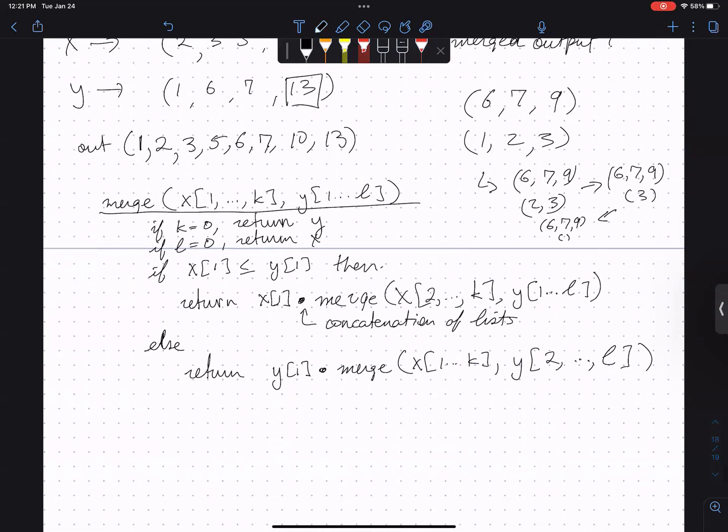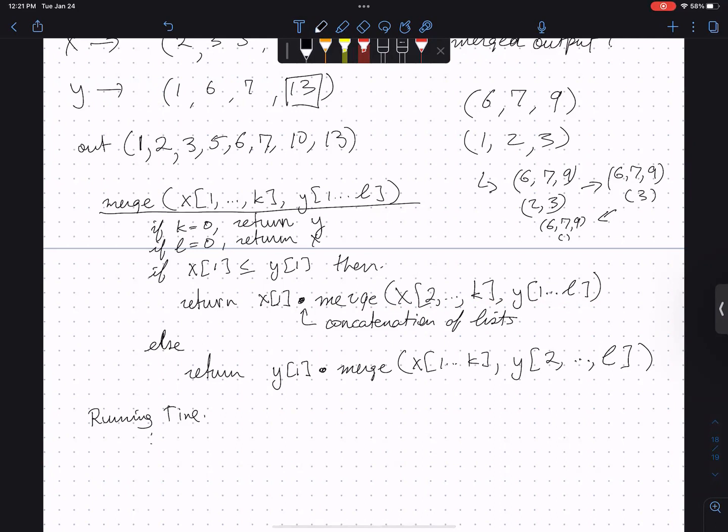Okay, so what's the running time of this merge routine? It's a recursive algorithm, right? And it's tail recursive, meaning that it does some work and then calls a recursive function, and that's it. There's nothing more, and then it stops. It doesn't need to do anything after the recursive call is done.